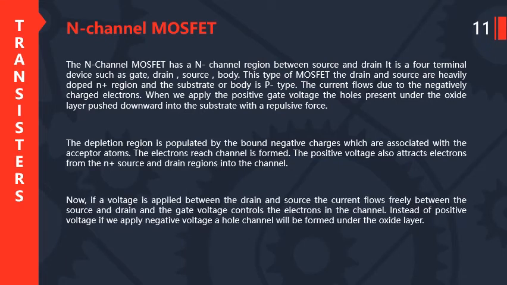Now, if a voltage is applied between the drain and source, the current flows freely between the source and drain, and the gate voltage controls the electrons in the channel. Instead of positive voltage, if we apply negative voltage, a hole channel will be formed under the oxide layer.